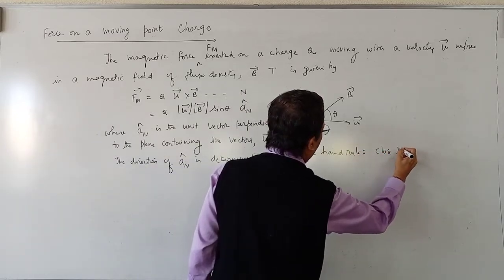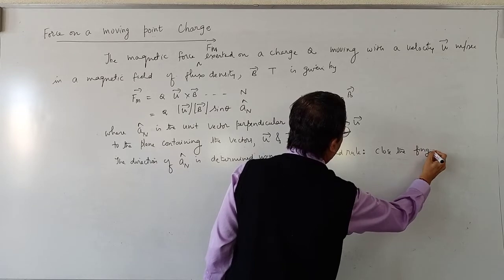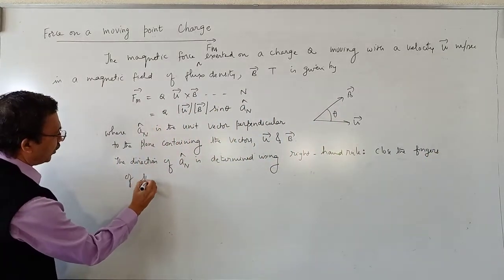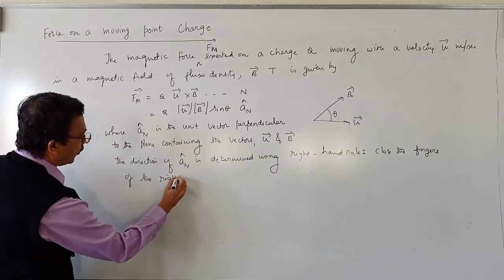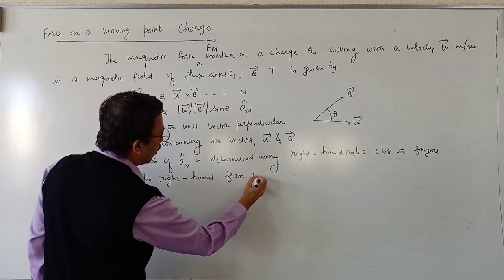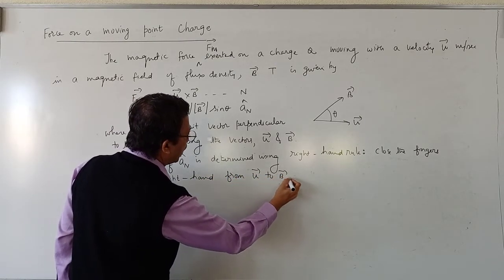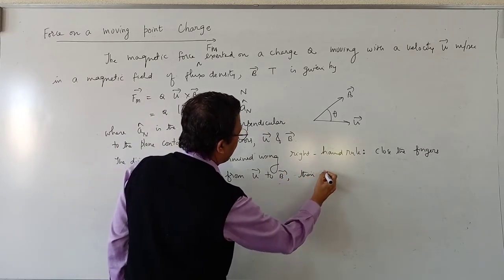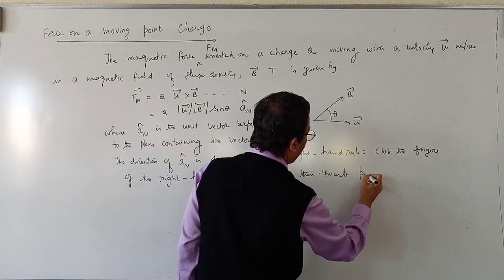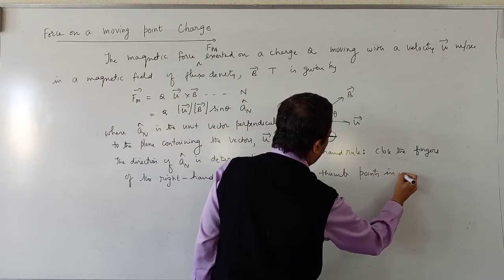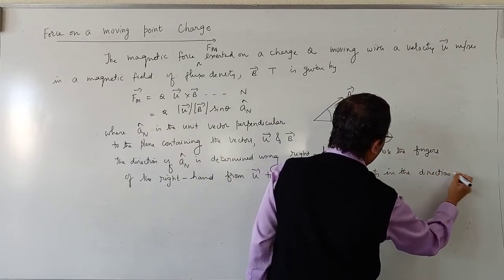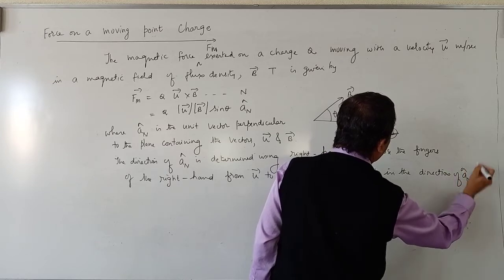Close the fingers of the right hand from vector u to vector B, then thumb points in the direction of a n cap.